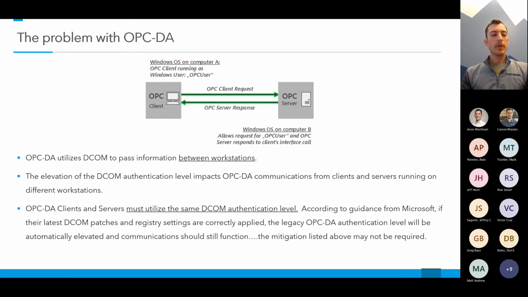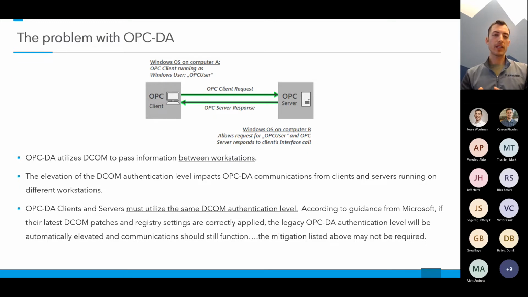So with OPC-DA, it feels like it's maybe a little bit easier to mitigate these issues, even if you don't have the November 8th patch from Microsoft. One of the things that you can do is migrate to OPC UA, because OPC UA doesn't have the same issue. It's not the same architecture as OPC-DA.